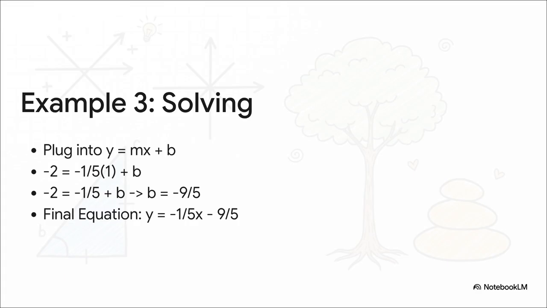That simplifies to -2 equals -1/5 plus b. To solve for b, we just add 1/5 to both sides. Now look, ending up with a fraction like -9/5 might look a little intimidating at first glance, but I assure you the math rules hold perfectly stable, just like a right angle. Our final equation stands strong. y equals -1/5 x minus 9/5.